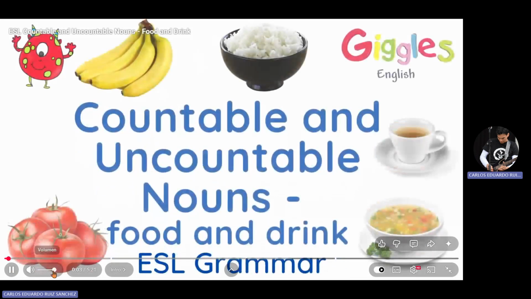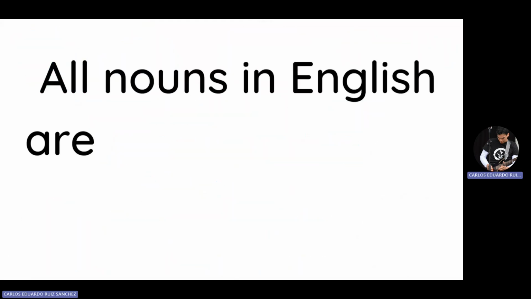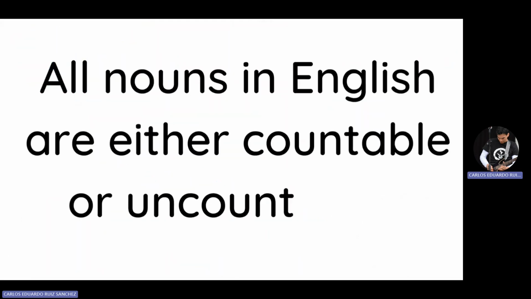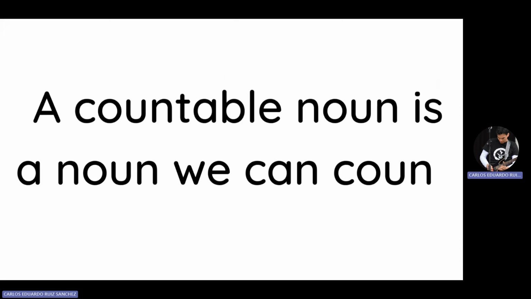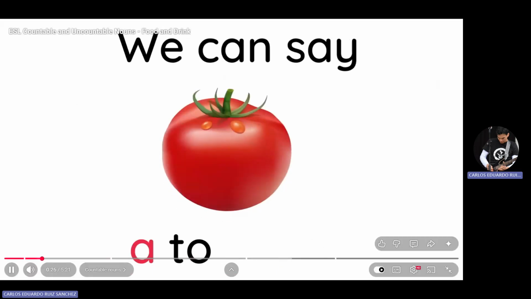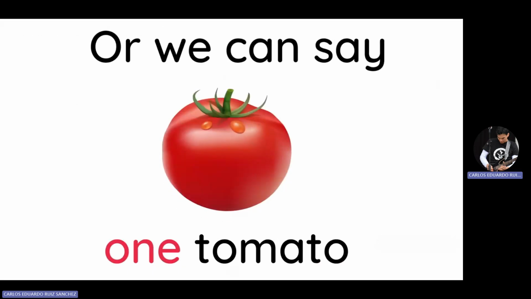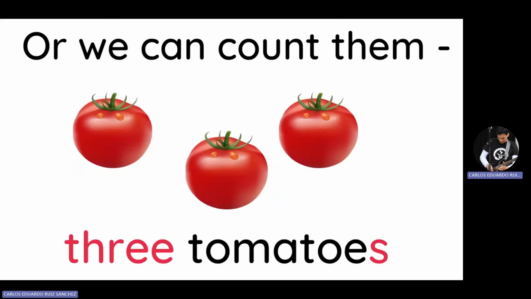Countable and uncountable nouns, food and drink. All nouns in English are either countable or uncountable. A countable noun is a noun we can count. For example, a tomato. We can say a tomato, or we can say one tomato. Or we can count them.